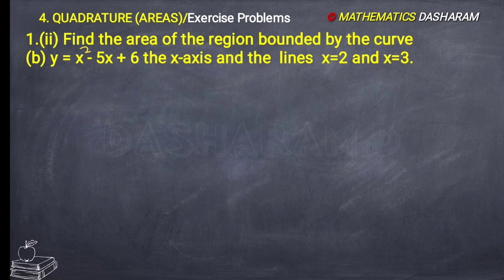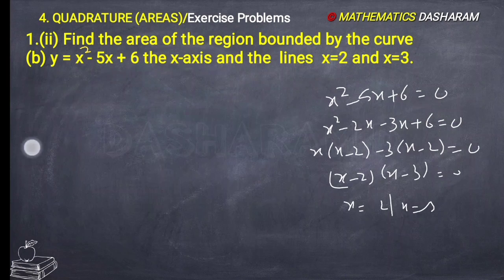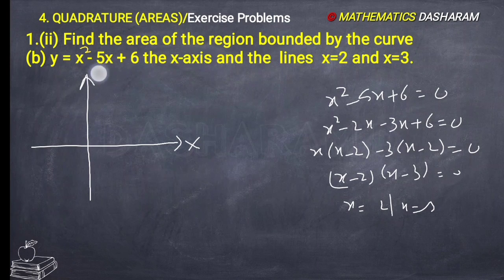Next, B question: y equals x square minus 5x plus 6. First of all let us find the zeros. x square minus 5x plus 6 equals 0, x square minus 2x minus 3x plus 6 equals 0. Here is the x-axis, this is the y-axis, the intersection point is 0.